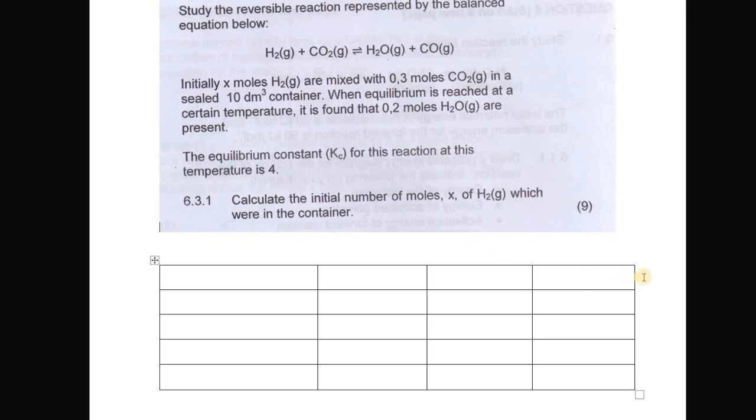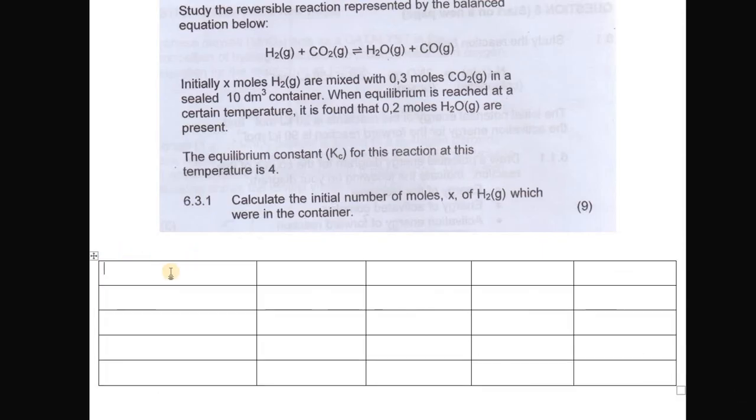So here I'm probably gonna need another column on my table for Kc. Then I will write here ratio, and then so it's rise. So this is equilibrium mole, and then this is equilibrium concentration.